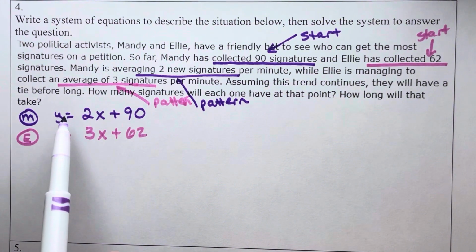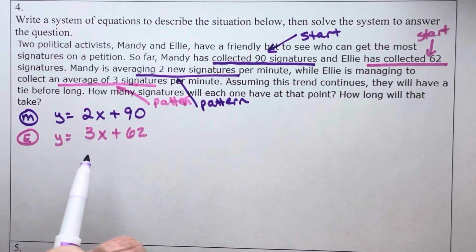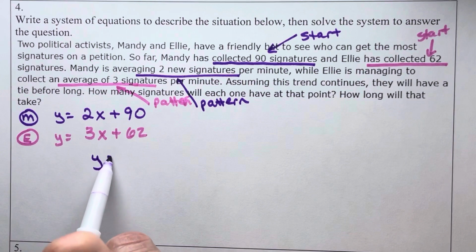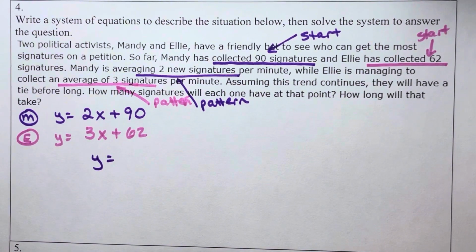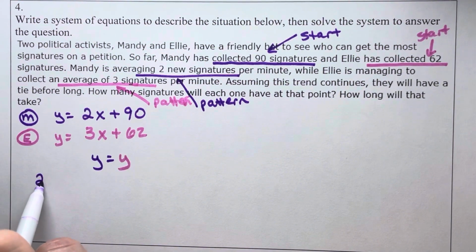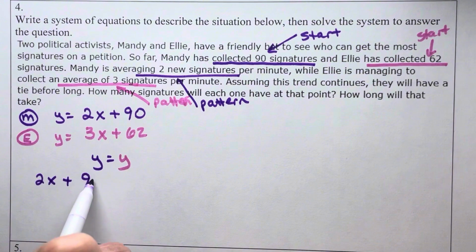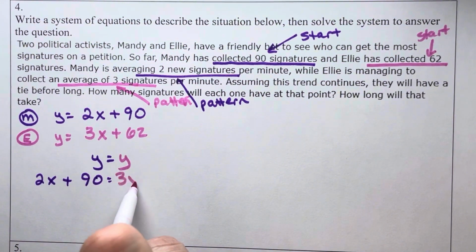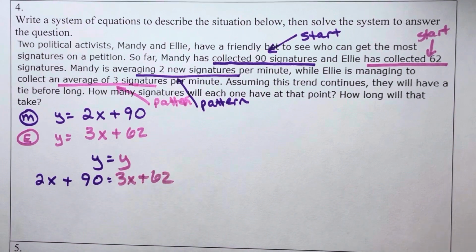Again, our equations are both y equals, and solving these systems of y equals is very easy and friendly and systematic. So that gives us an equation of 2x plus 90 equals 3x plus 62.